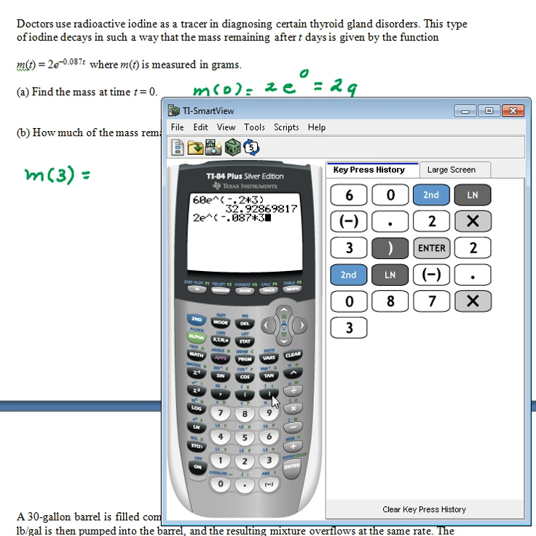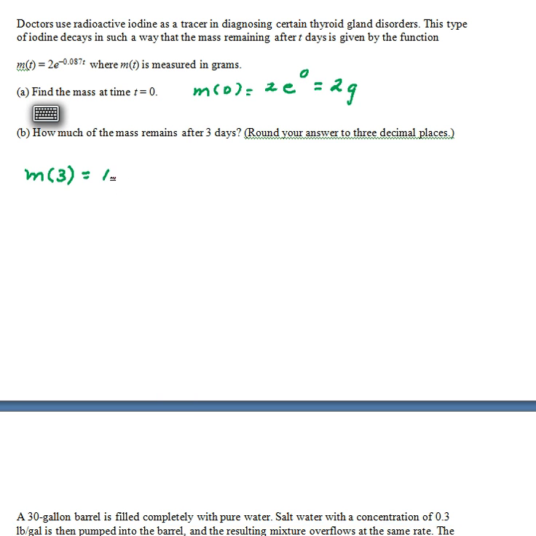Close the parentheses for the exponent, enter, and we get 1.541 grams.